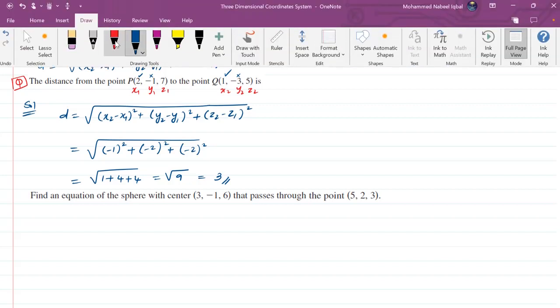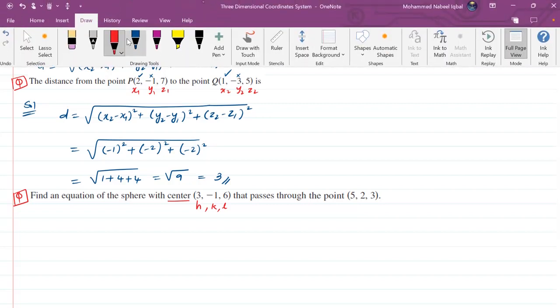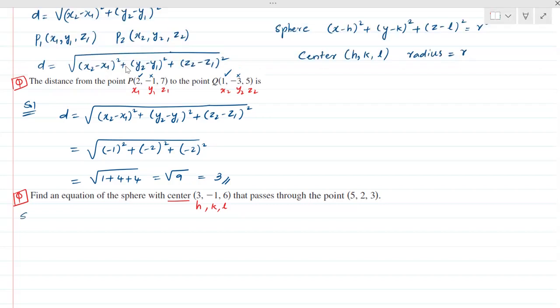Now the next one, the equation of a sphere. How will you calculate the equation of a sphere with the center h, k, l given in your question and passing through the points given? Here you can solve this problem by two techniques. What are the two techniques here?